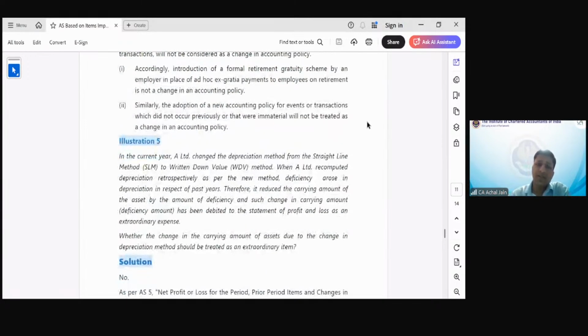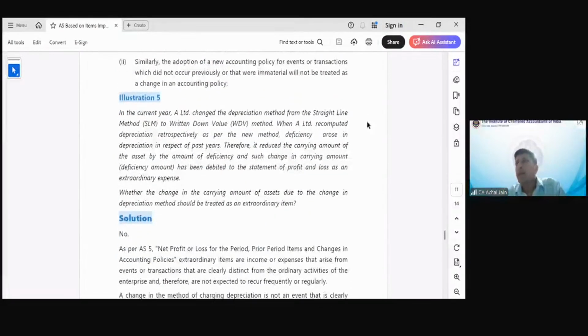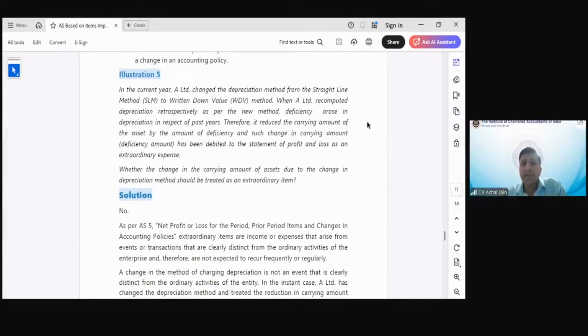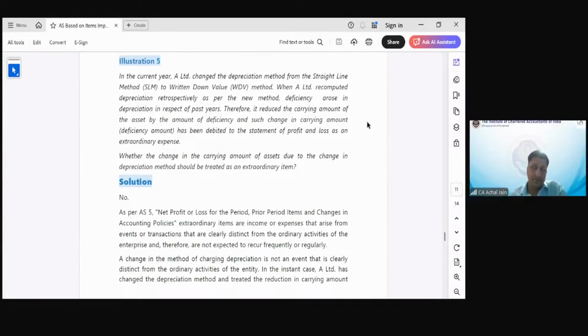Now in this case, see, when you change the method of depreciation, the first question that arises is, will a disclosure be required? Answer is yes. Why? Because we have changed the method of depreciation.